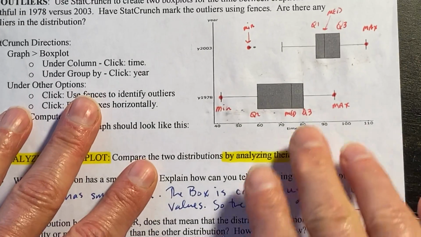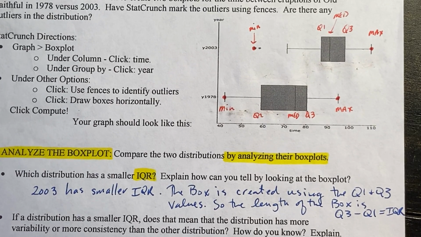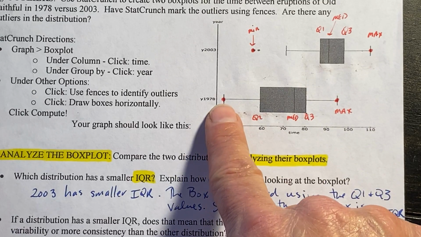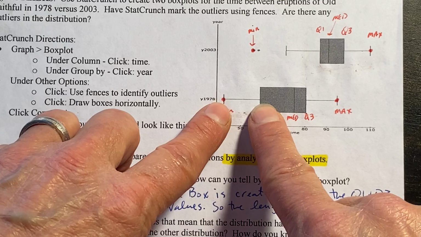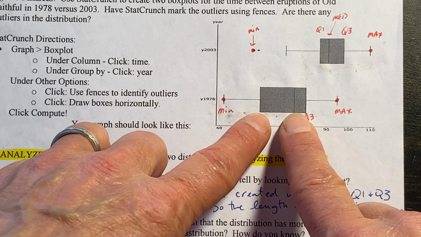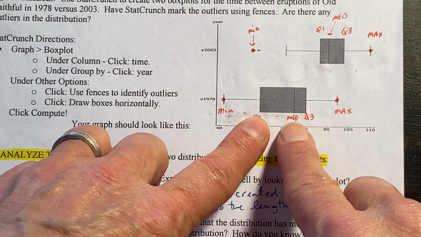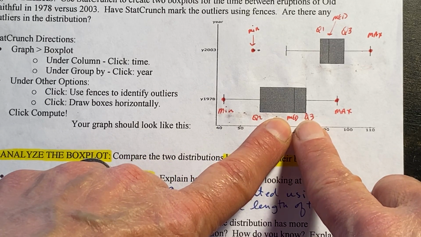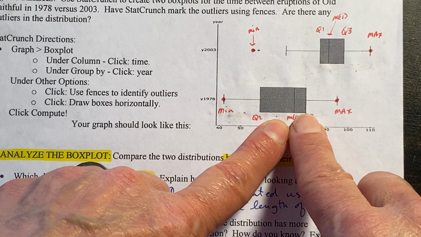So going up to your box plot, the quickest 75% of the times in 1978. So here's the minimum. Remember, up to the box is the first 25%. To the line in the box is the next 25%. So we're at the 50% mark, right? Our median. And then to the top of the box is the 75th, the quartile 3, or the 75th percentile.